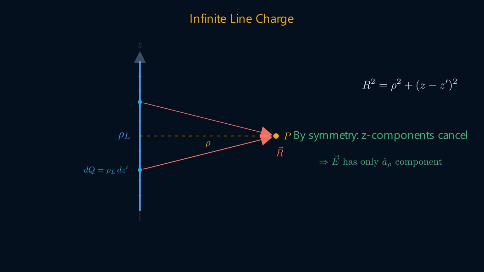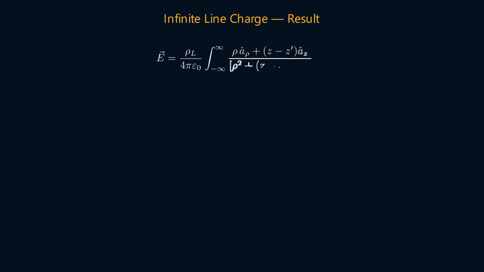Now here's a key insight from symmetry. For every element at plus z', there's a matching element at minus z'. Their radial components add up, but their z components cancel. So the total field has only a ρ component. To evaluate the integral, we use a trigonometric substitution.